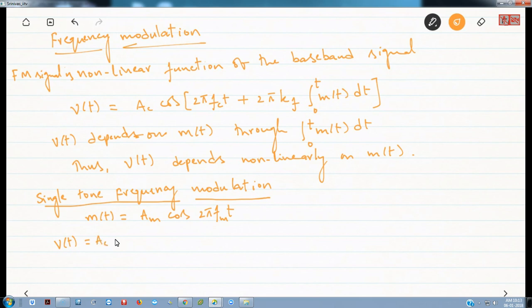It is A_c cos 2 pi f_c t plus 2 pi k_f... Yeah, just wait for a second.